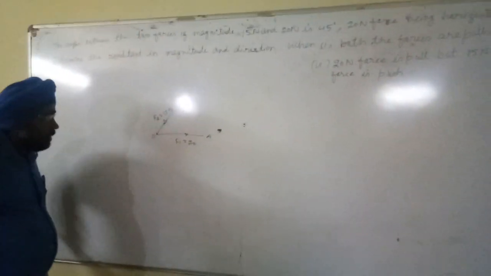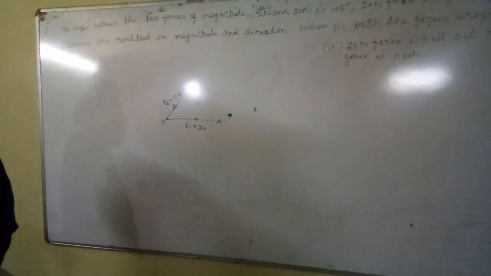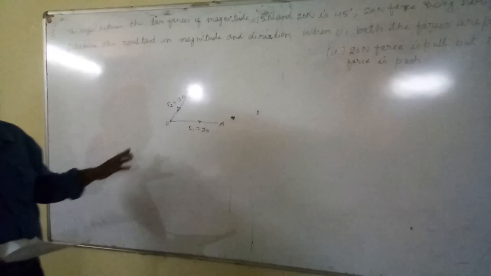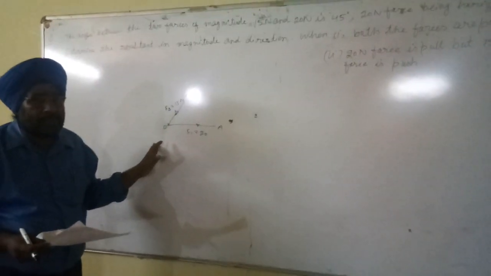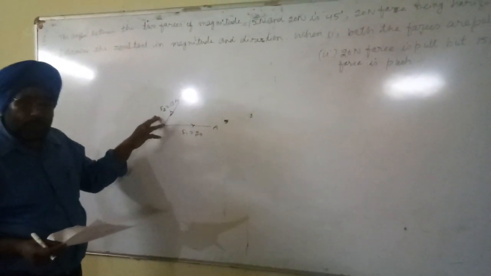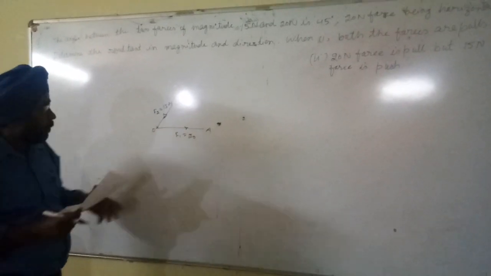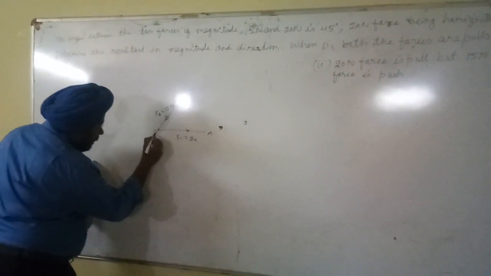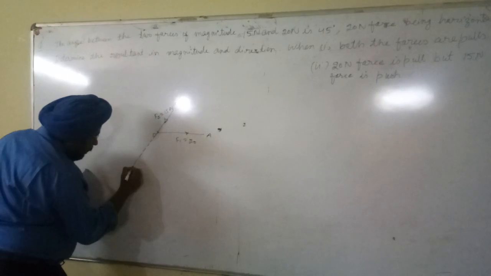Now when we use the parallelogram law of forces, it is considered that both the forces should be pulling forces or both pushing forces. So this pushing force is converted into pulling force by extending its line of application.